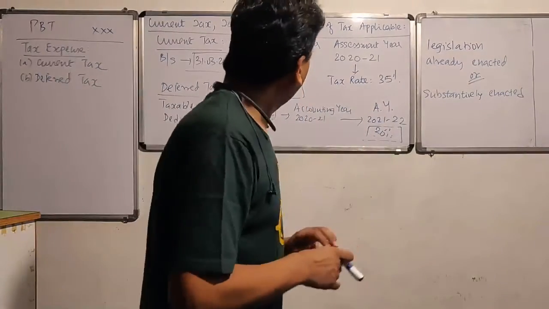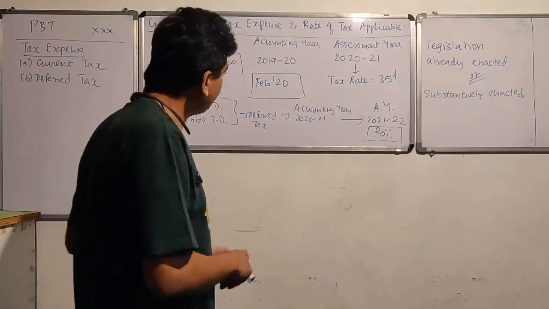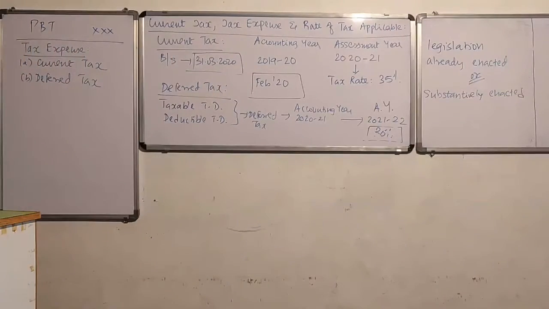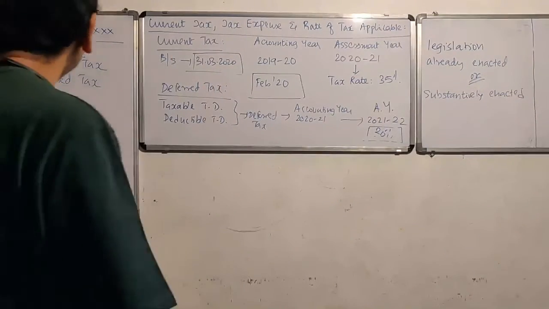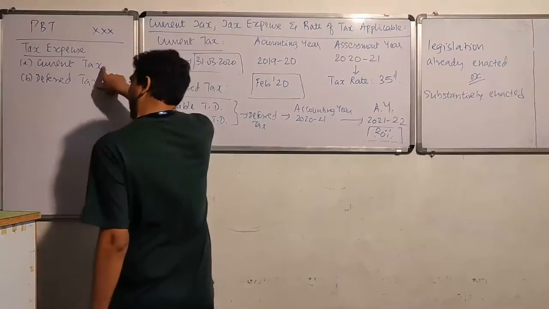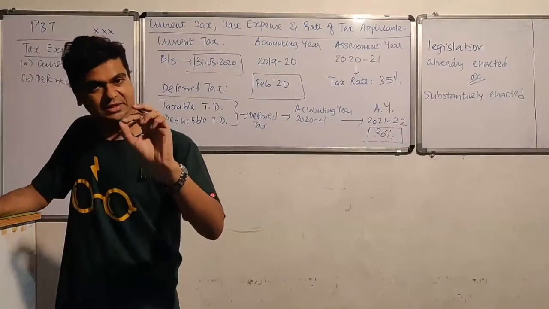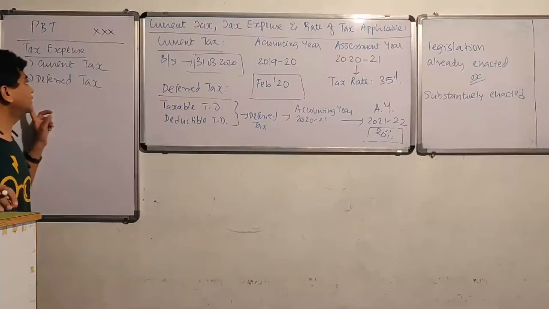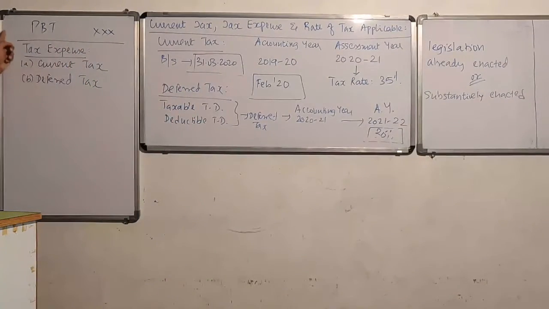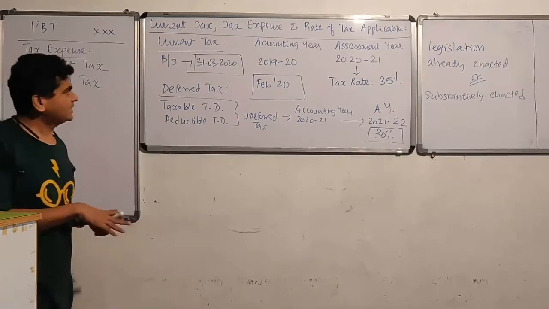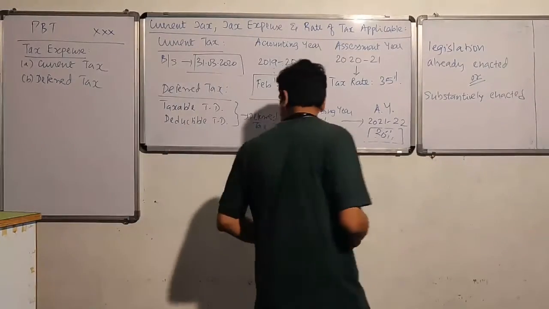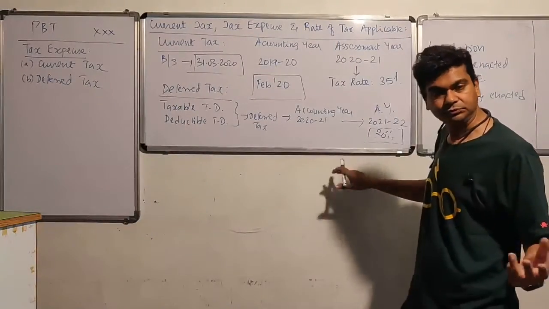And finally, what do we mean by tax expense? As you can observe on the board, when I am preparing my statement of P&L, I am showing current tax and deferred tax. The sum total of current tax and deferred tax, that is what is understood as a tax expense. So when you say tax expense, add up your current tax and the deferred taxes.